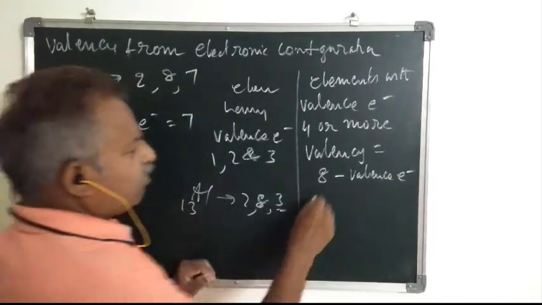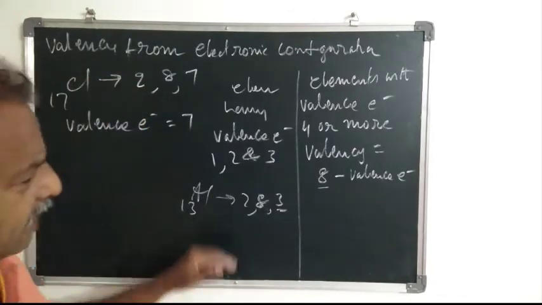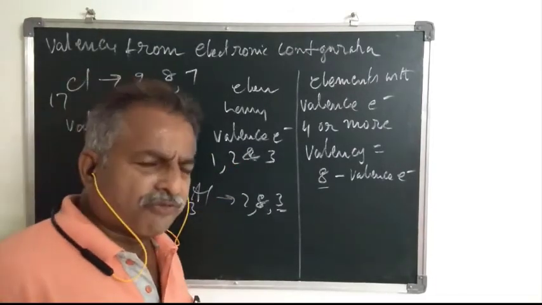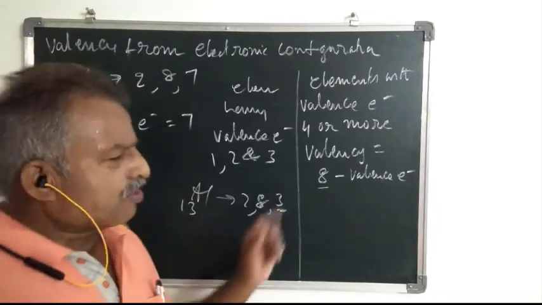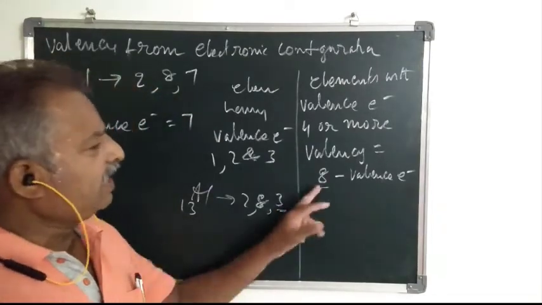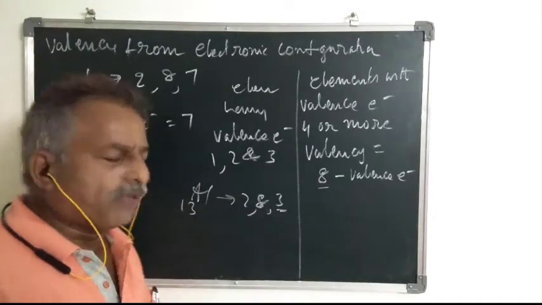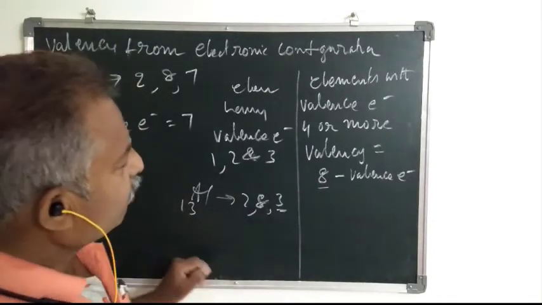Here, why did we take only 8? In the rules for filling electrons, we already said, the second rule, that the outermost shell or valence shell can accommodate only 8 electrons irrespective of the 2n square rule. That's why 8 should be taken here.